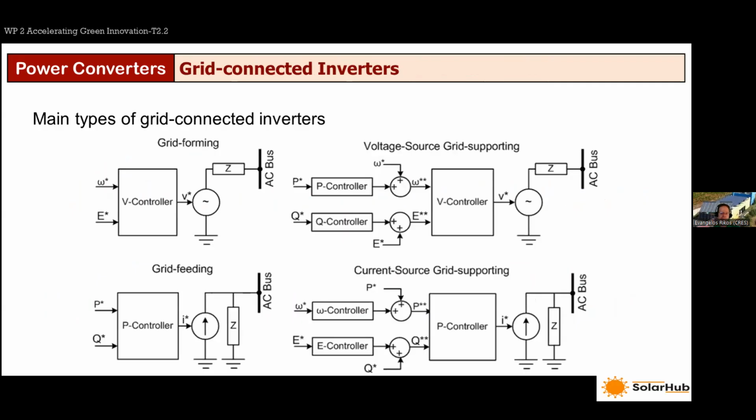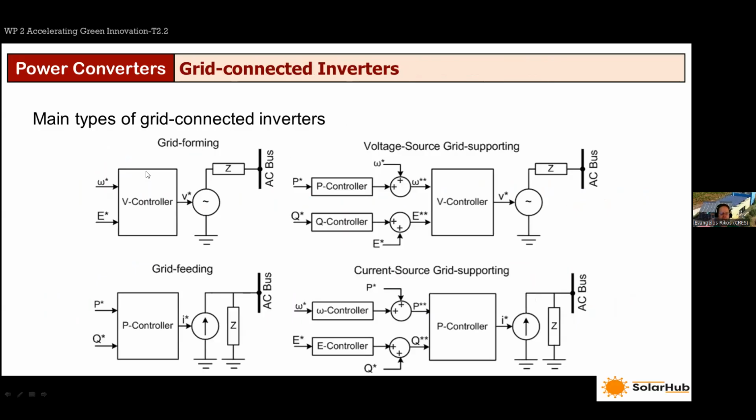Since we are talking about grid connected inverters, the ones that are connected to the grid, there are different categories of those inverters depending on the functionalities they provide and the way they perform. This is based on pretty much the operation of power systems and generators within a power system.